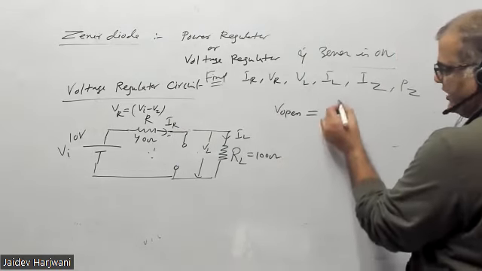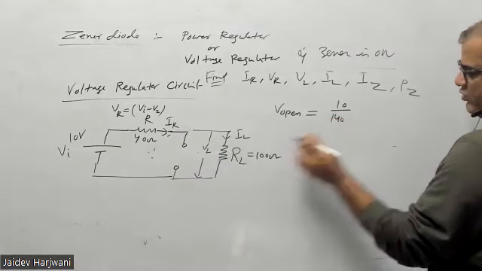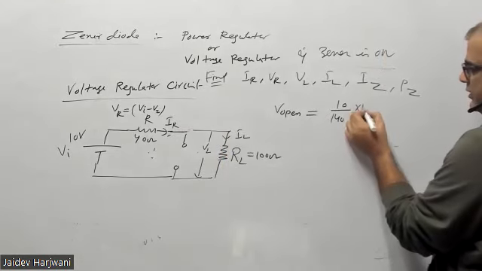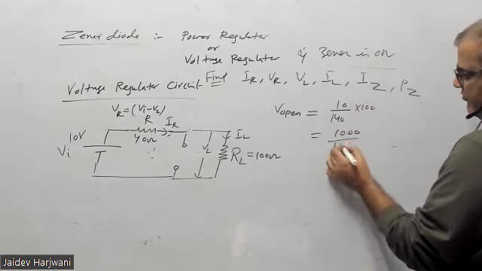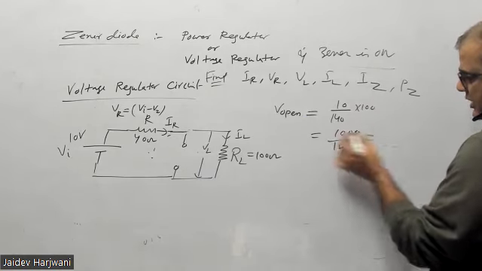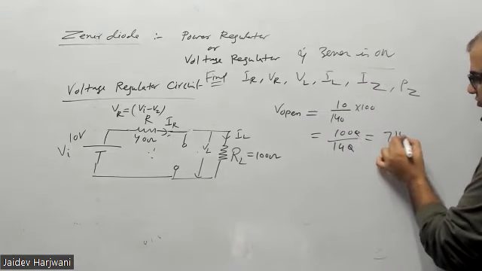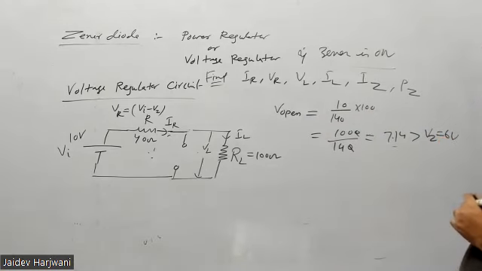This is 10 volt, total resistance is 140, and you want the voltage across 100. So this becomes 1000 upon 140. How much will come? 7.14, which is greater than Vz equal to 6 volt.